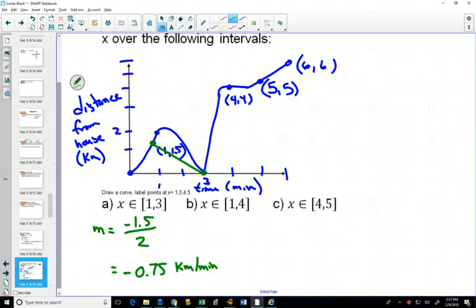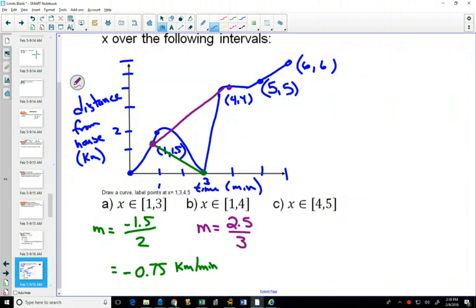Okay? From 1 to 4, I'll draw that in a different color. We would be going from here to here if we wanted to find the average rate of change from 1 to 4. Well, now our slope, we have gone up from 1.5 to 4, so we've gone up 2.5 over 3 minutes.